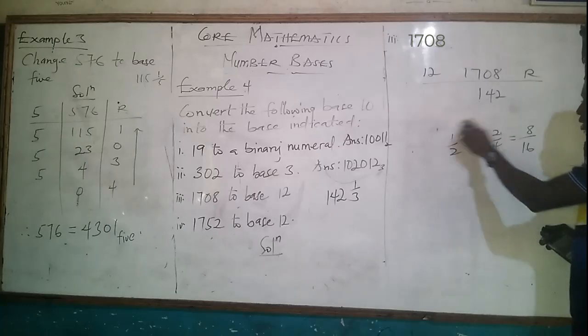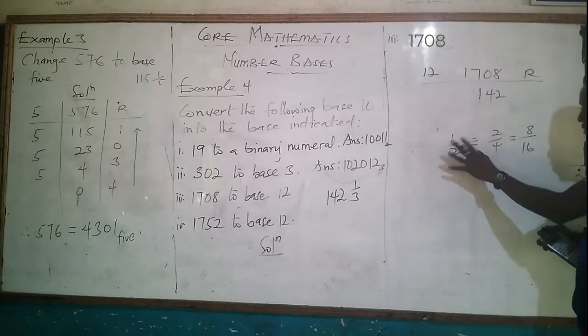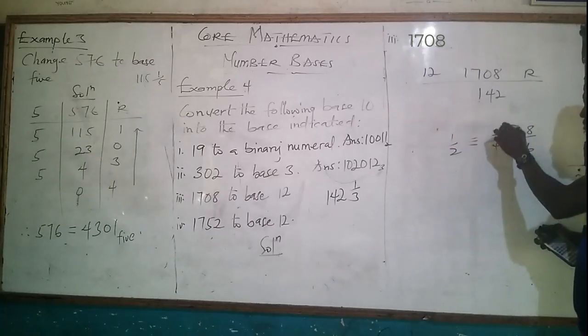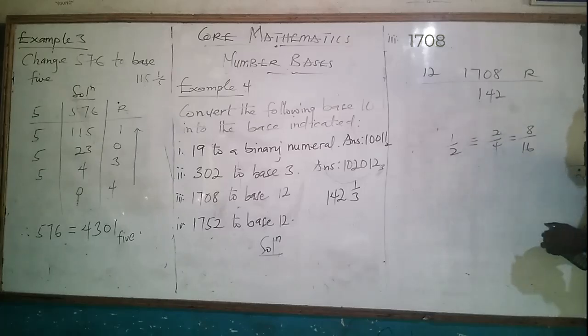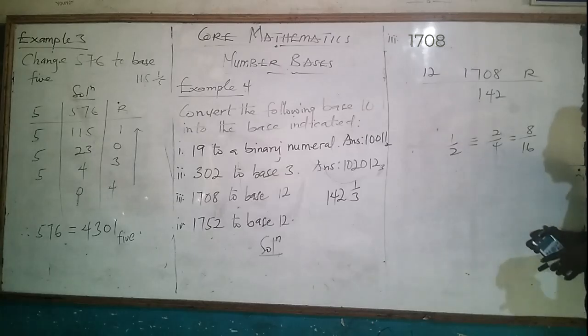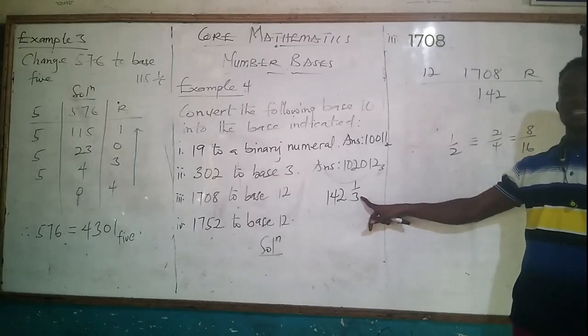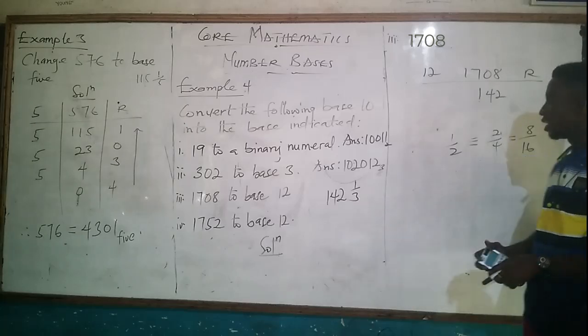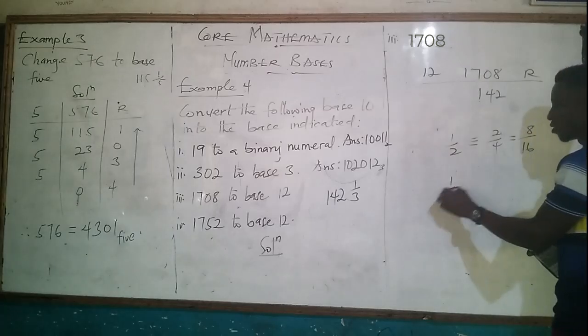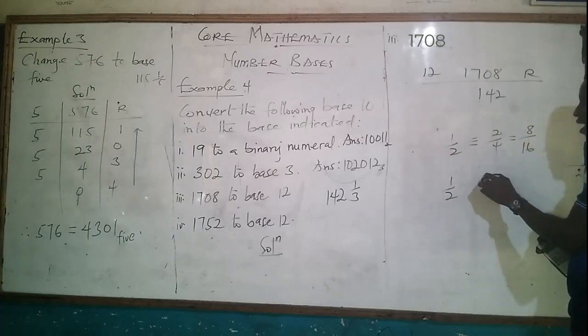They all have the same value but different forms. So we have to make the denominator to be 12.